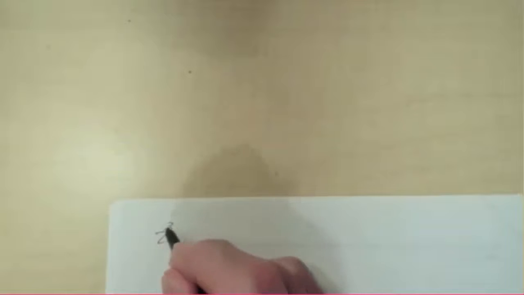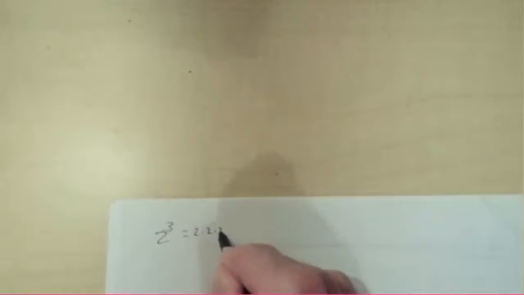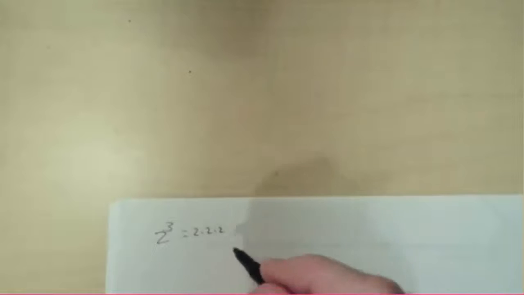Cubes are like 2 cubed is 2 times 2 times 2, raised to the third power, which is 8. 4 cubed is 4 times 4 times 4, which is 64, I think. Those are cubes. And of course, x cubed, that's a cube, and like that.